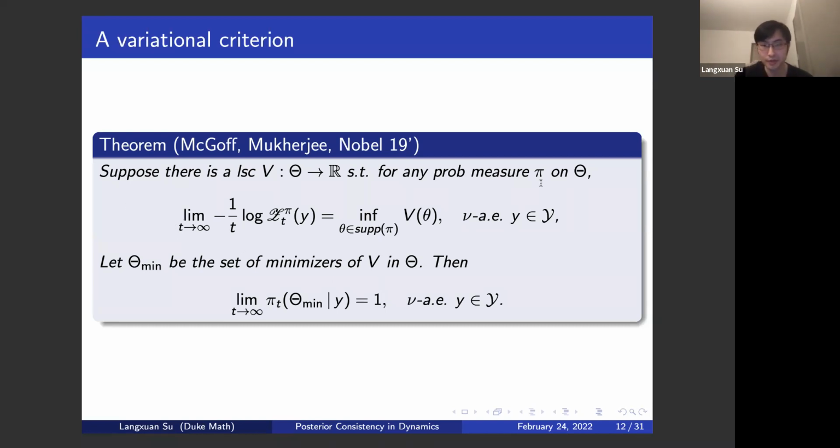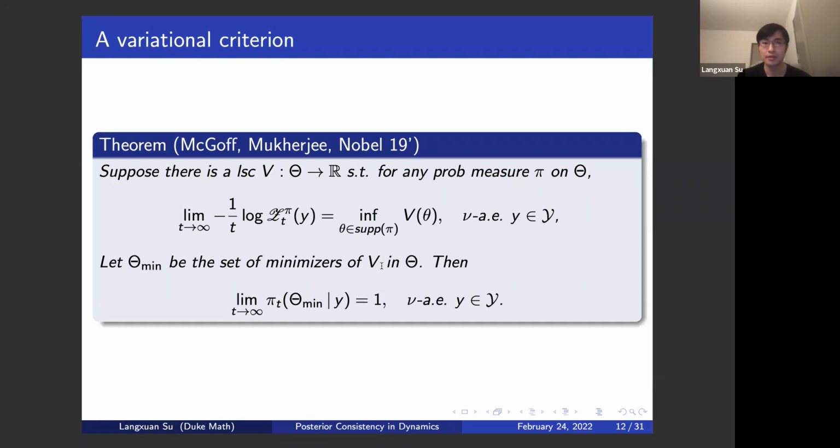for any probability measure on theta, then one has the following conclusion. If theta min is the set of minimizers of the function v you just found, then the generalized posterior distribution will concentrate on the set of minimizers of this v.